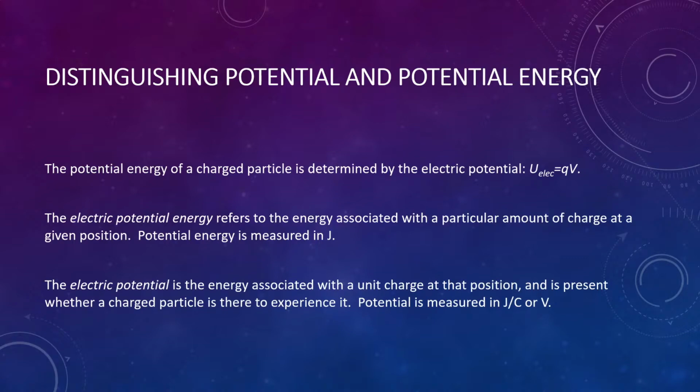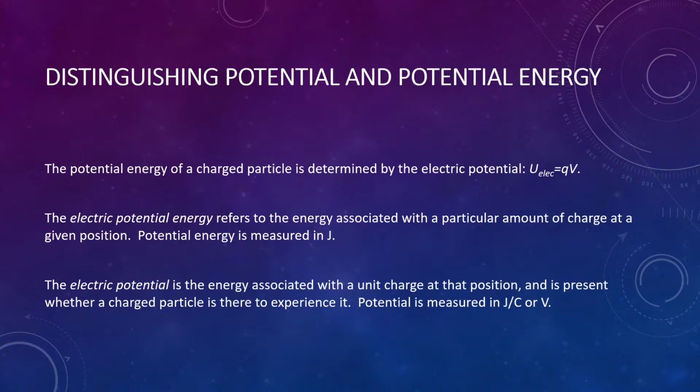Now, on the other hand, which might be the harder one to understand, is electric potential, and it's a very similar definition. It is the energy associated with a unit charge at that position. But the big difference is this: it is always there whether or not there's a charged particle there to experience it.